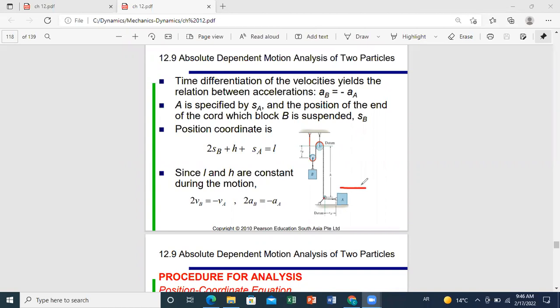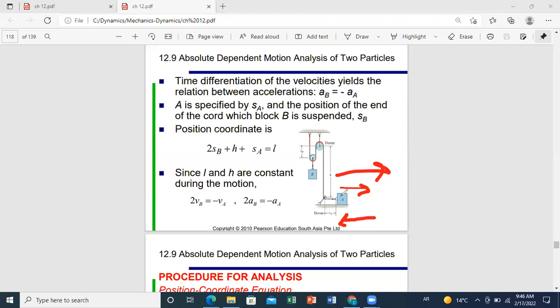When you set a coordinate, it doesn't mean that A is necessarily moving like this. It can move in the opposite direction and then your velocity will be negative. I said it's moving horizontally, but it can move to the right, it can move to the left.